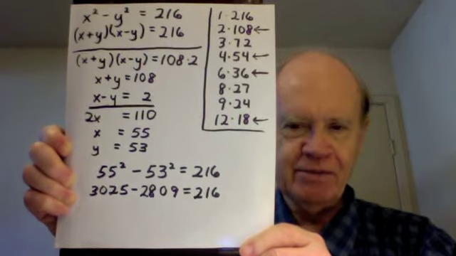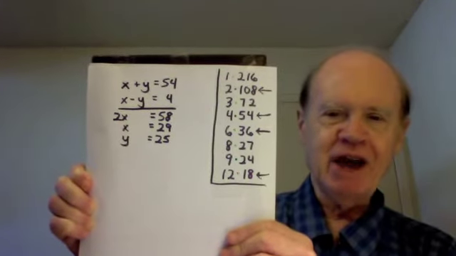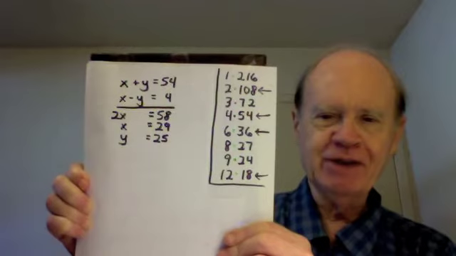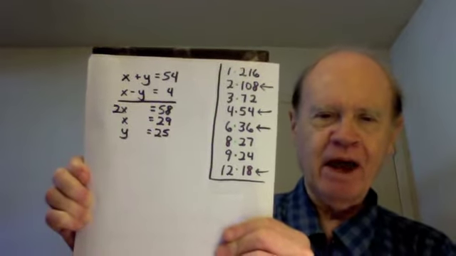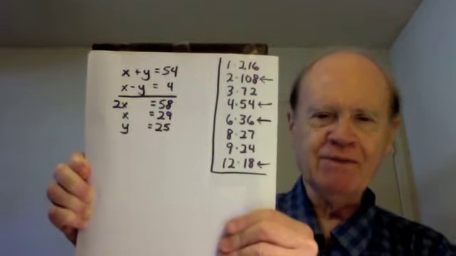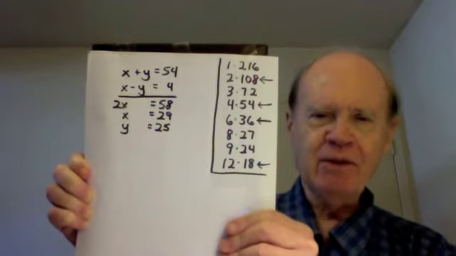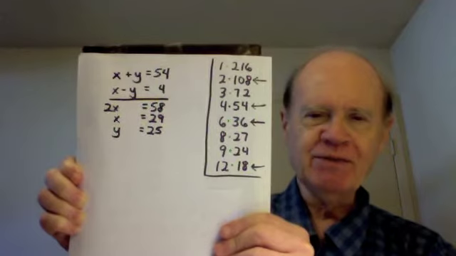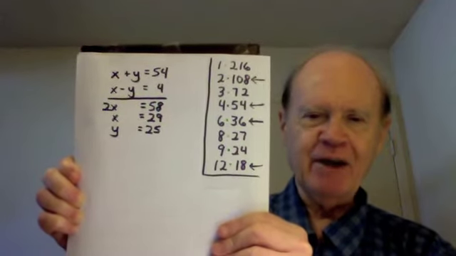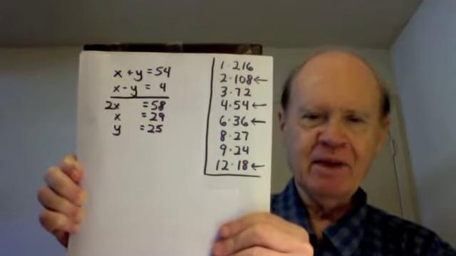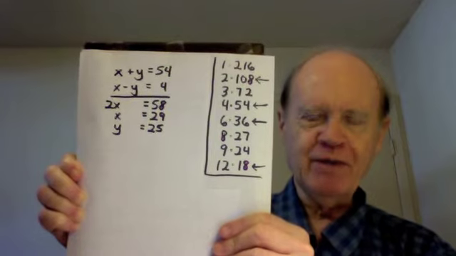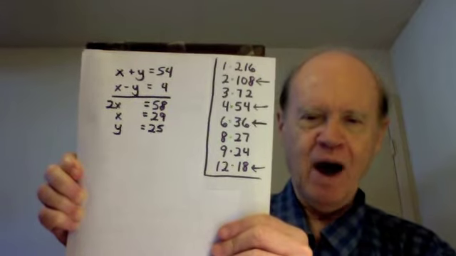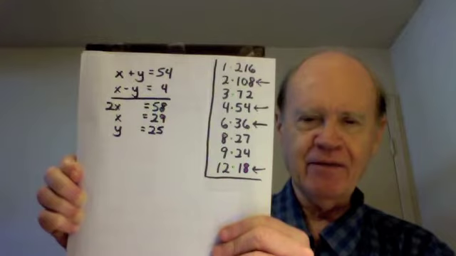the smaller 2809 members. To get a second solution, I take the second pair of factors indicated by an arrow, and I write x plus y equals 54, x minus y equals 4. I add the two equations, 2x equals 58. I divide by 2, x equals 29. Substituting that into one of the equations, either one, y equals 25.